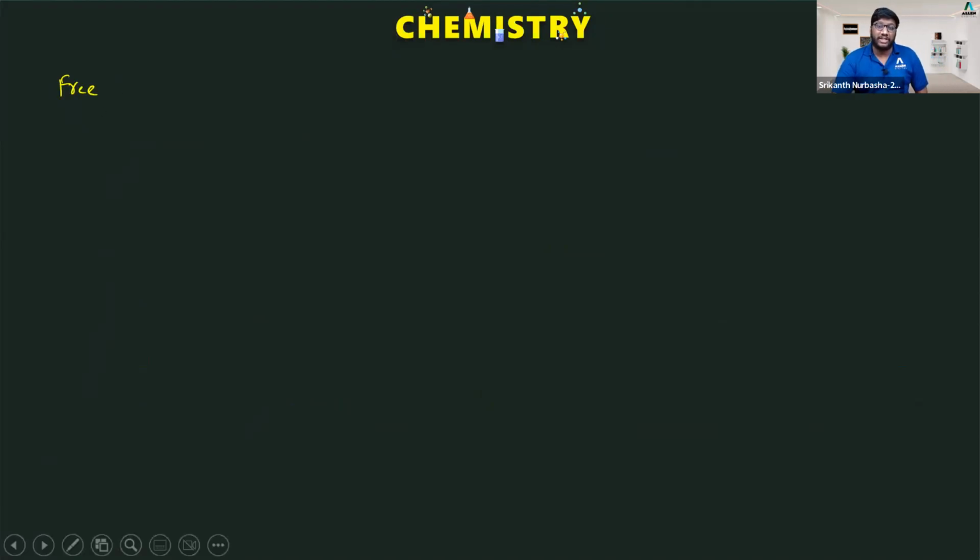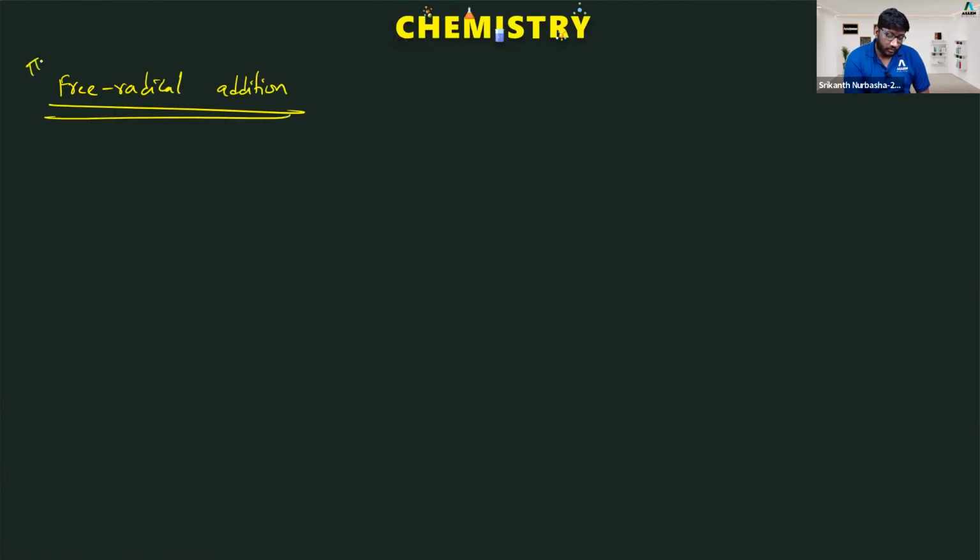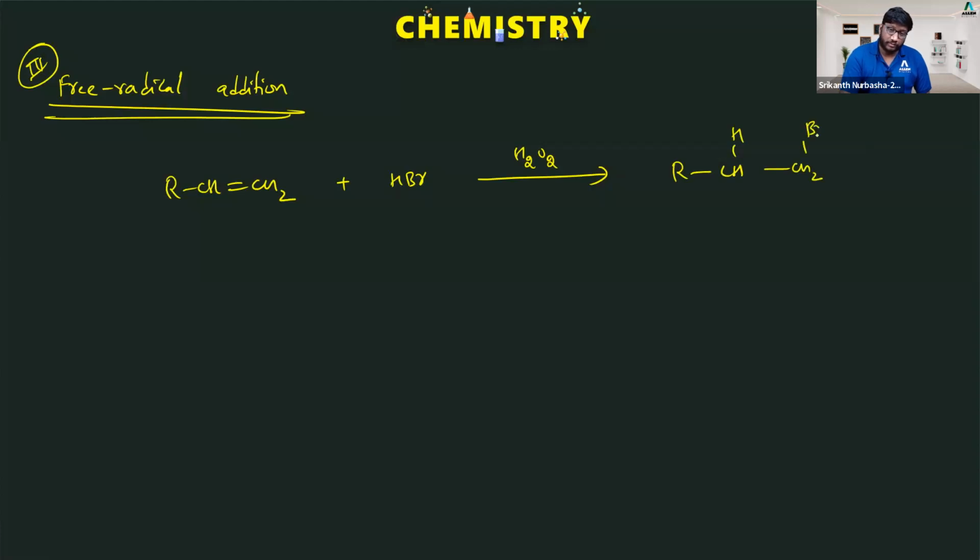A simple example which you can consider is alkenes, RCH double bond CH2, treated with HBr in the presence of peroxide like H2O2, which will undergo anti-Markovnikov addition to give RCH2CH2Br.